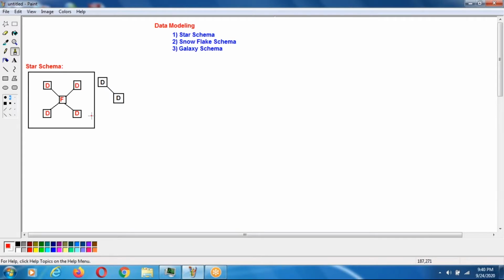But when it is a star schema, dimension should not communicate with another dimension. You are not allowed to bridge set of dimension tables to communicate one another directly. So if you follow that principle in the dimensional model, then it can be called as a star schema.